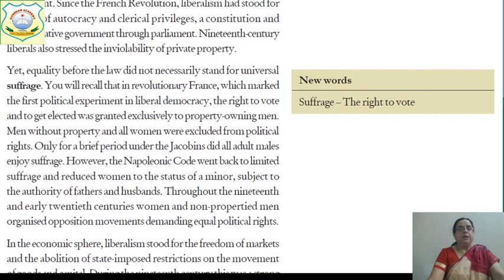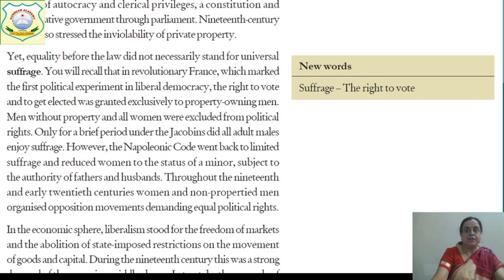Then equality before the law did not necessarily stand for universal suffrage. Universal suffrage means the right to vote. France, which marked the first political experiment in liberal democracy, granted the right to vote and to get elected exclusively to property owning men. So do remember that universal suffrage does not give the right to each and every man and woman, children.